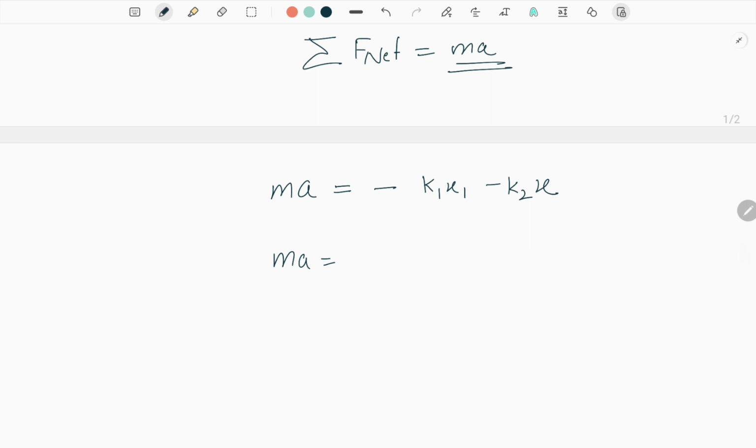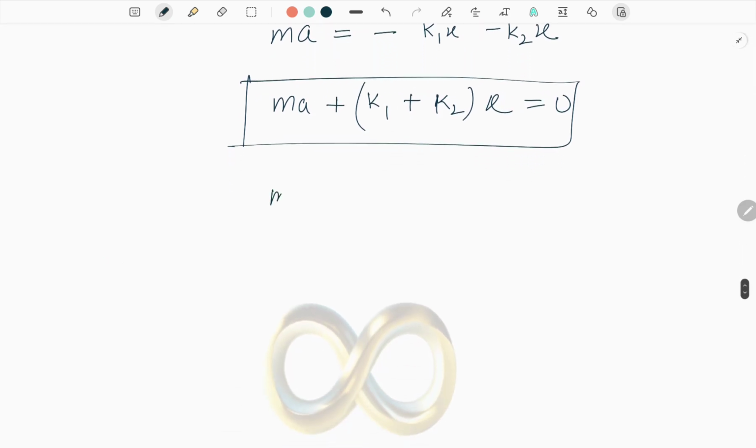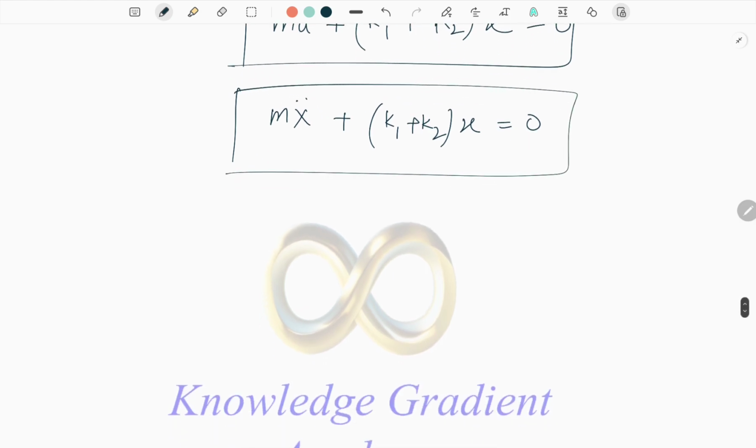Rearranging, MA plus (K1 plus K2) into x equals 0. Writing acceleration, m x double dot plus (K1 plus K2) x is equal to 0. This is the basic equation of vibration.